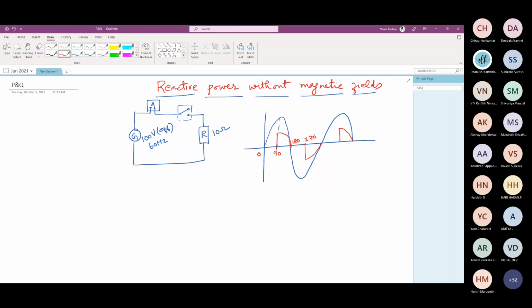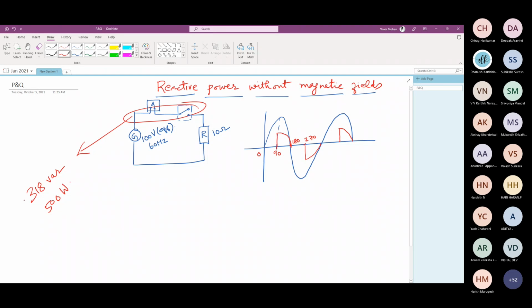If we connected a wattmeter or varmeter between the source and switch, say it is reading some 318 var and 500 watts, what should be the sign of this var?